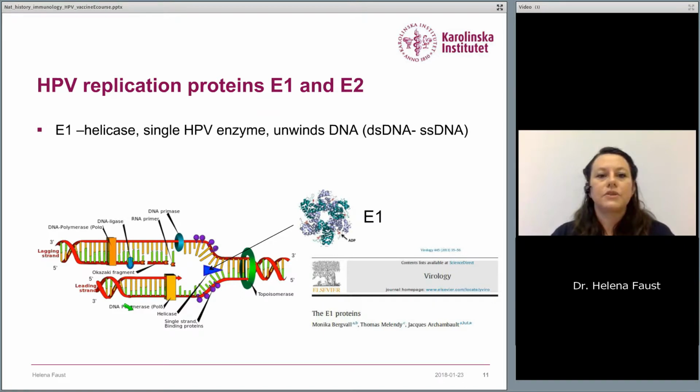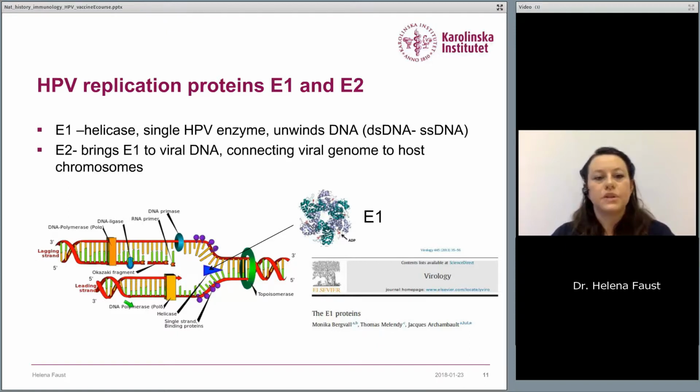And what is then needed from the HPV side? The needed proteins are E1 and E2. E1 is a hexameric helicase, and it's the only HPV enzyme. How does that work? Here we have double-stranded DNA, and it unwinds it so that it becomes single-stranded. And then, with single-stranded DNA, DNA polymerase comes to synthesize a new chain.